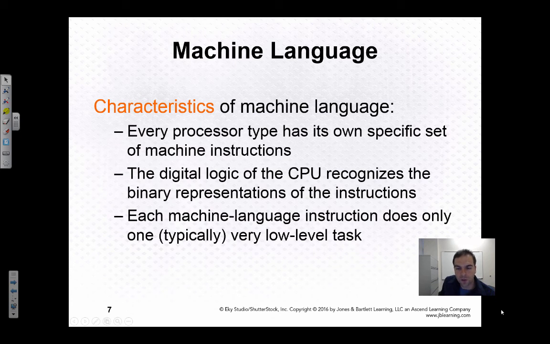So machine language, or object code, machine code, has certain characteristics. One is every processor has its own set of instructions that it understands. It's built into the CPU with that binary representation of the instruction.